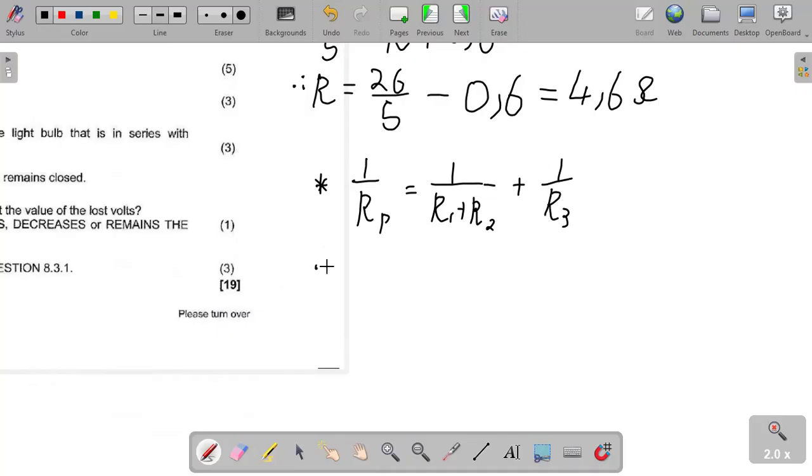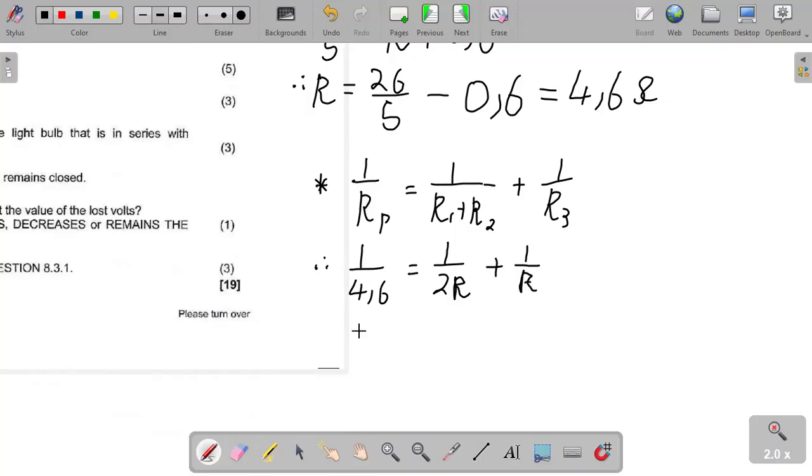Because all the resistors are the same, it's going to be 1 over 4.6 equals 1 over 2R plus 1 over R.